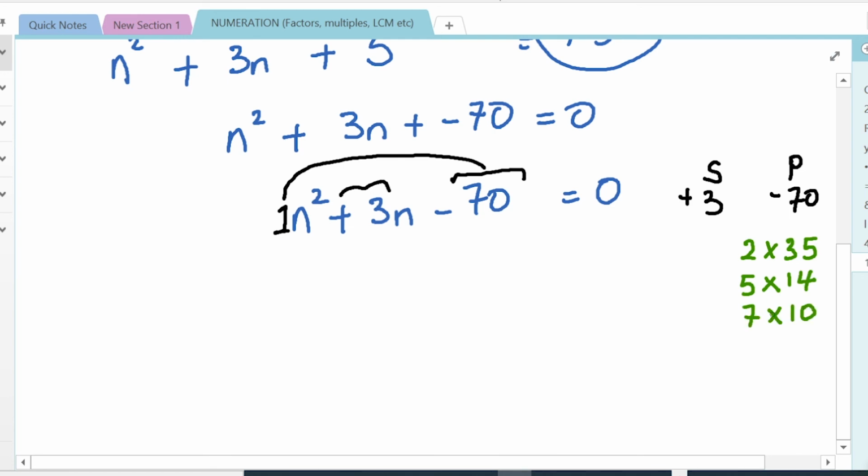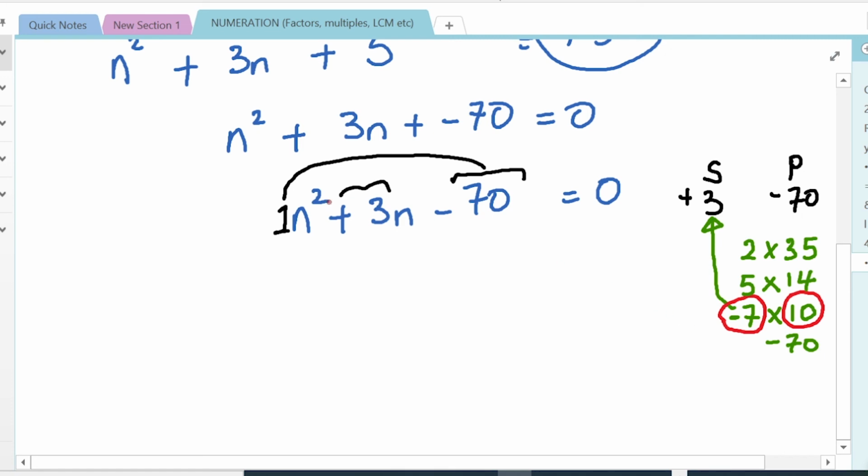So if you find 7 times 10, we make this 7 negative. So negative 7 times 10 gives us negative 70. And then negative 7 plus 10 gives us positive 3. So these are the two answers that are going to work, this negative 7 and that 10.